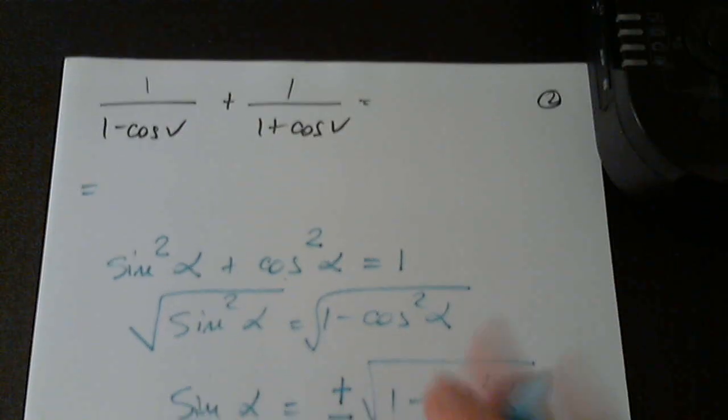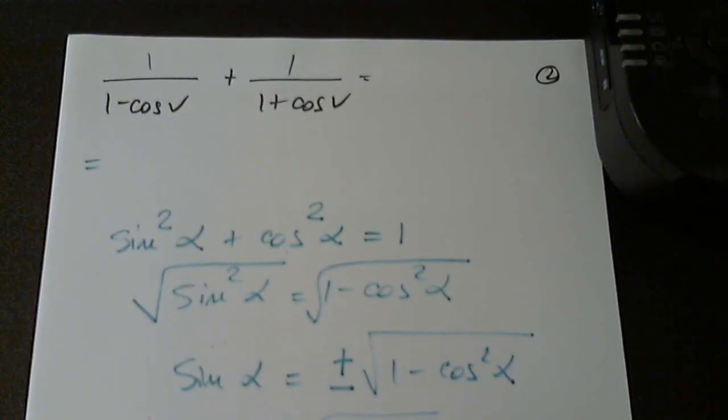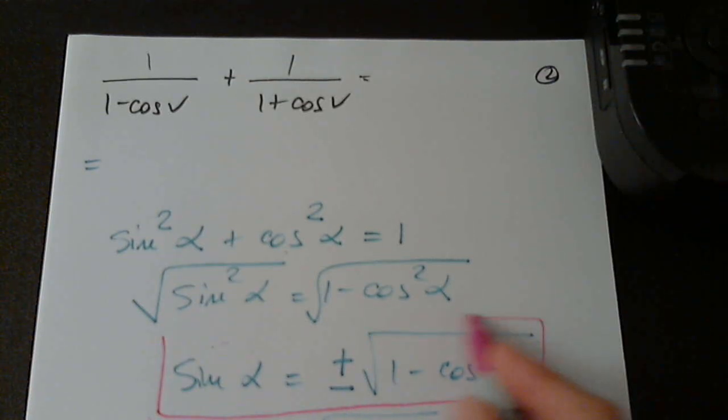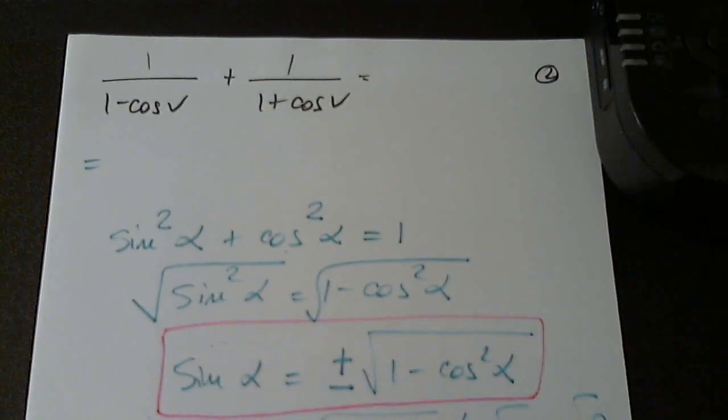Careful now. The square root of a minus b does not equal the square root of a minus the square root of b. So what I'm saying here is that this is carved in stone. No one can simplify this any further. So sine will never equal 1 minus cosine. Sine equals plus or minus the square root of 1 minus cosine squared, which can never be simplified.